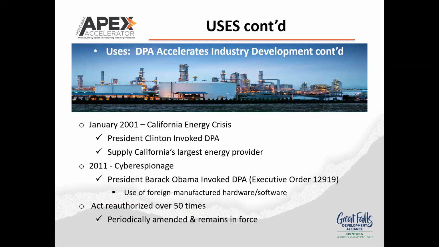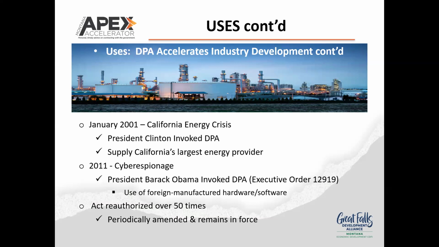The order was later rescinded under the George W. Bush administration, but resulted in the expansion of blackouts in California for several months and PG&E's bankruptcy.